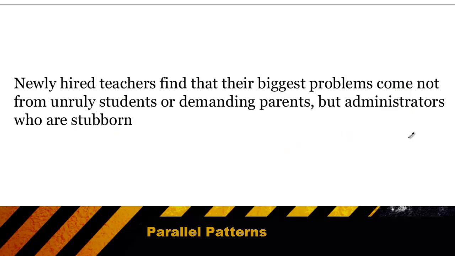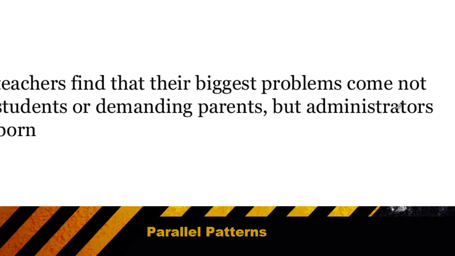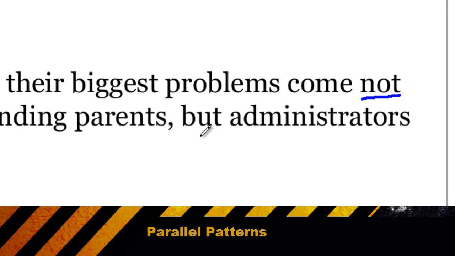There's another problem with this sentence, and it has to do with the idiom it's using with a not and a but. When you break a sentence up into two parts with not and but, you have to make sure that any verbs or prepositions that don't come before the not, but do come after the not, must also be repeated after the but.